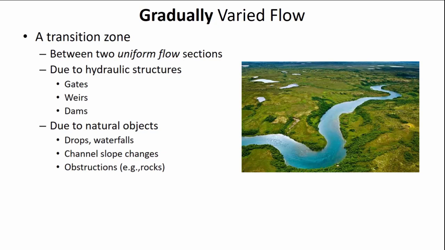But far more commonly, we have creeks that are changing their profile, they have variation in slopes, there are obstacles in the way, and all of those things affect changes in the velocity, the depth, and the channel width. Here in this picture, you can see that the width is narrow at one section and wide at another.